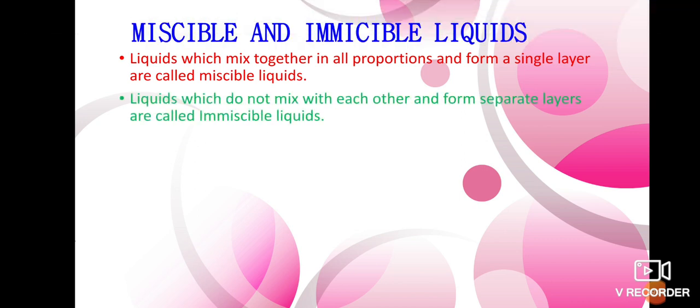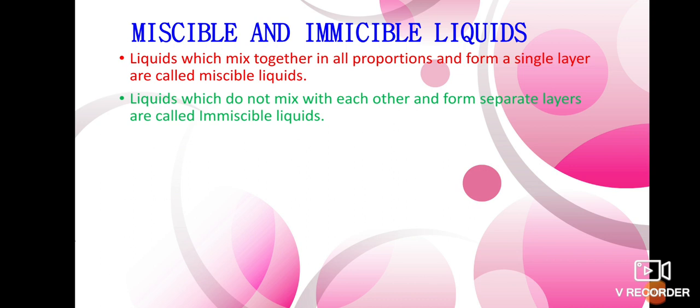Then immiscible liquids means liquids which don't mix with each other and form separate layers are called immiscible liquids. If you mix two liquids, then they are not mixed together and they form separate layers, like oil and water. They will not mix together.